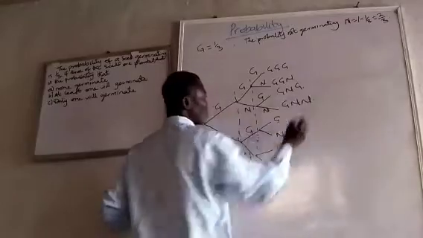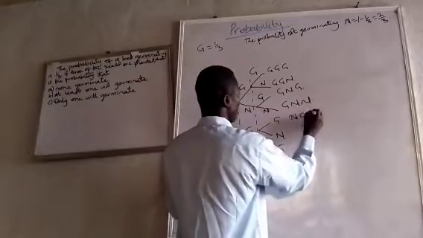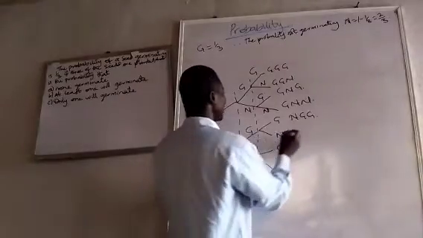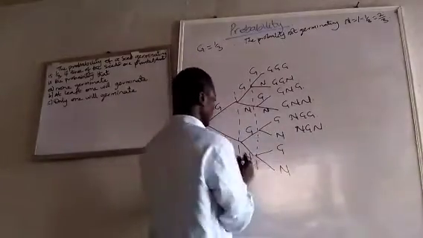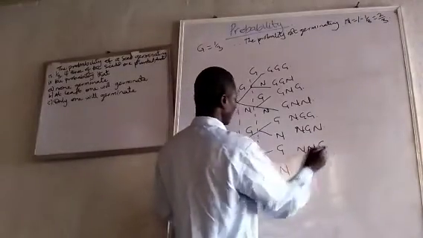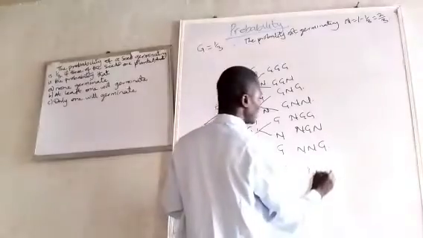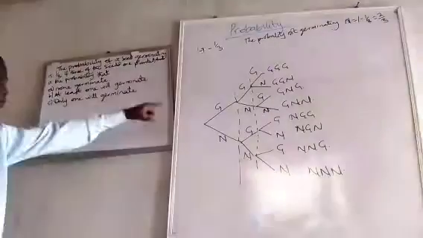GNN, only 1 germinates. In this place, NGN, only 1 germinates. Here, NNG, and this place is NNN, none germinate.